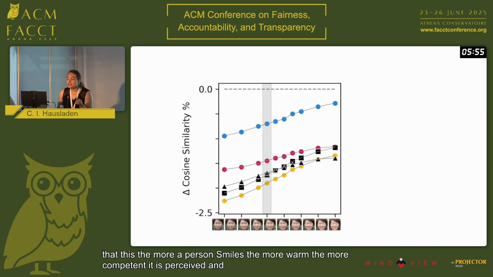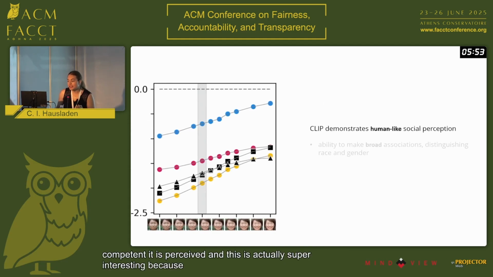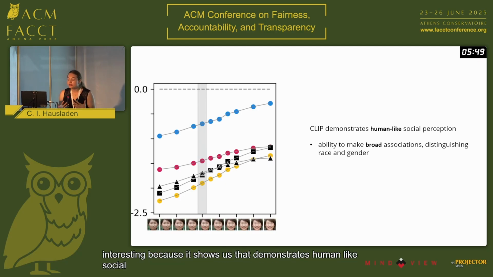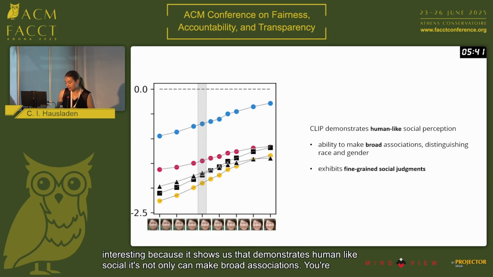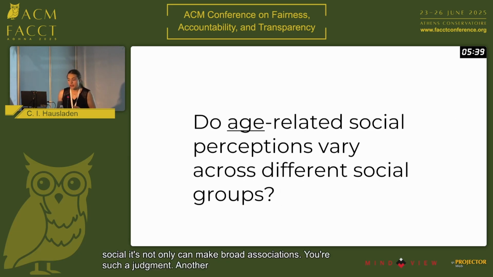And this is actually super interesting because it shows us that CLIP demonstrates human-like social perception. It not only can make broad associations, such as identifying different races and genders, but it also shows this fine-grained social judgment.